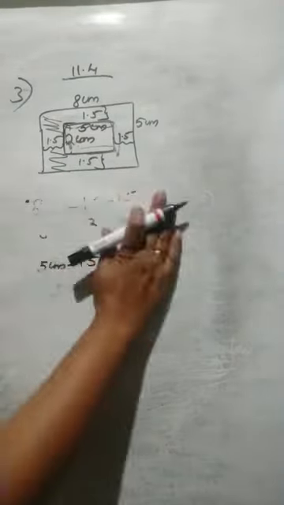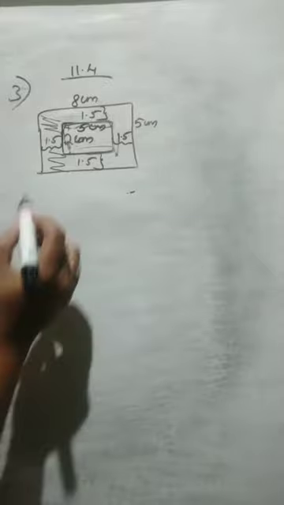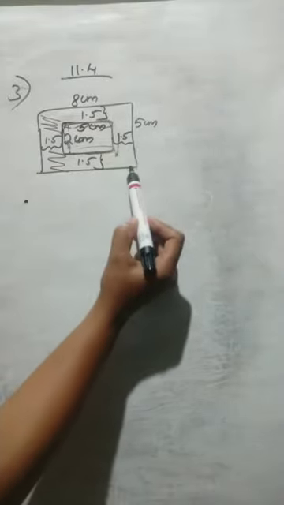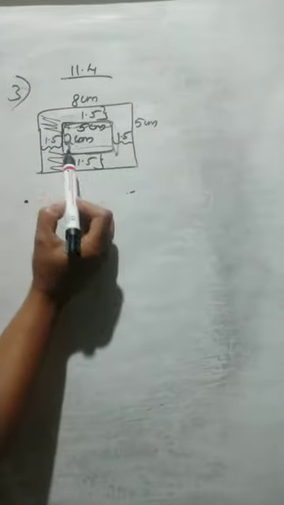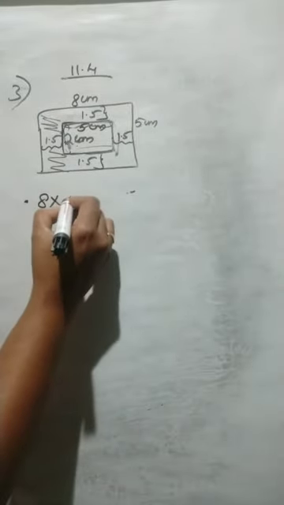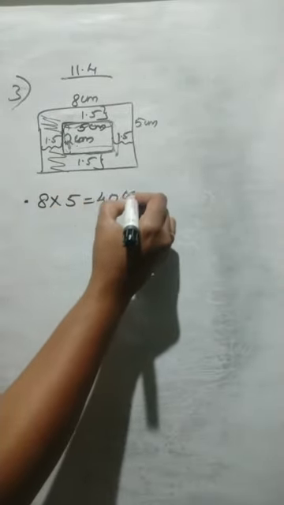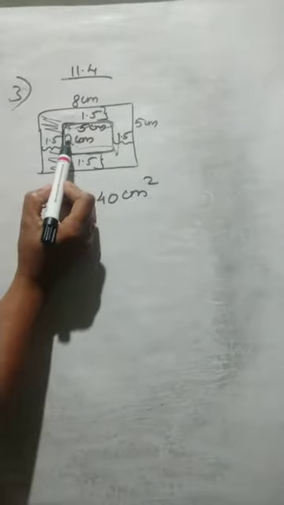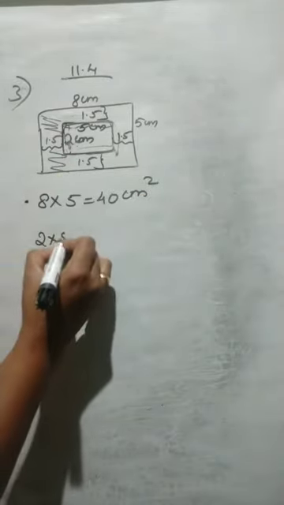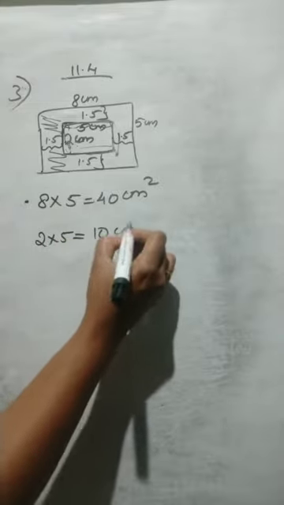What is the next step? We have to find the area of the outer side and the area of the inner side. Then we have to subtract. Outer it was 8 times 5, that will be 40 centimeter square. Then inside this is 2 and 5, so 2 times 5 is equal to 10 centimeter square.